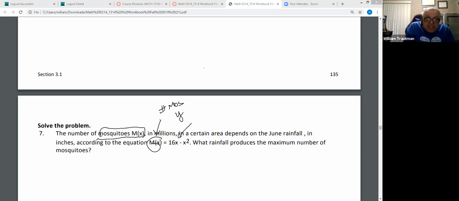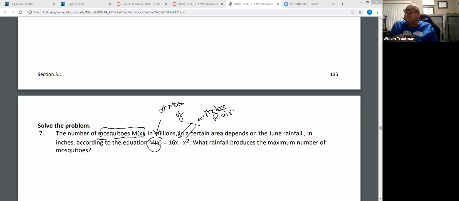So if Y is the mosquitoes, then X has to be the rainfall, the inches of rain. Sorry, it's really hard to write with this pen. This number 7 is the hardest one, but if Y is the mosquitoes, then X has to be the inches of rain.